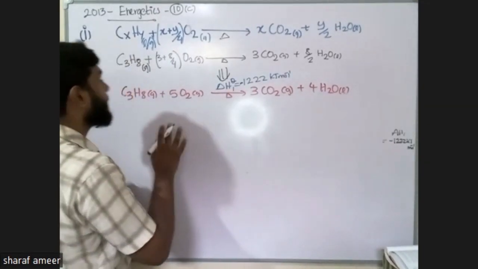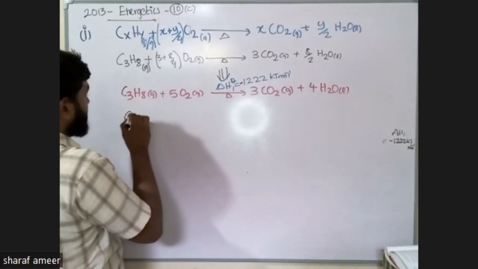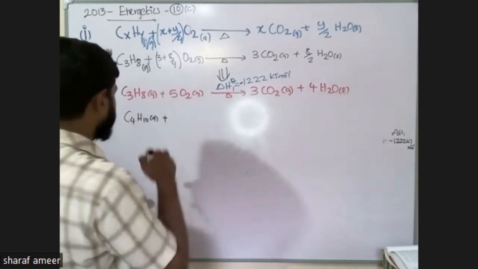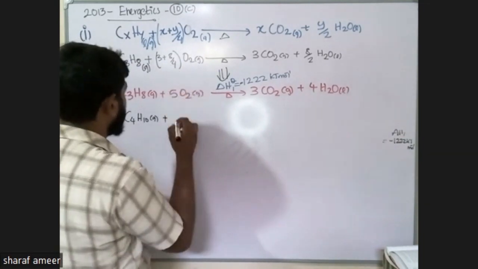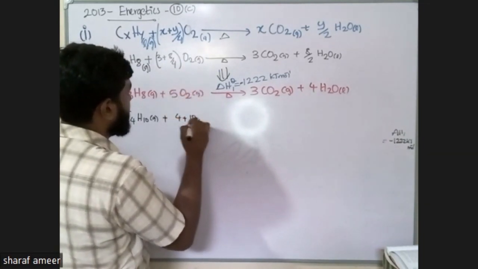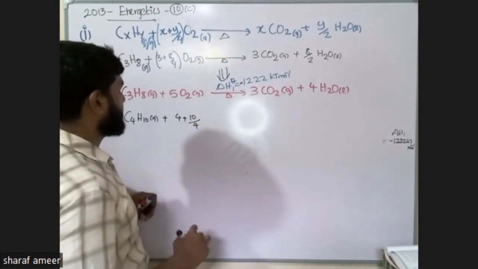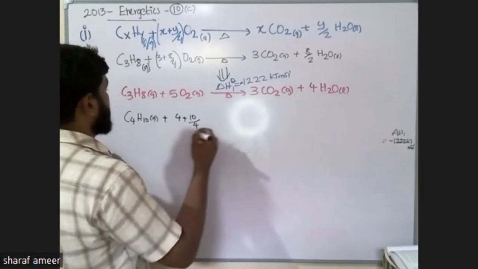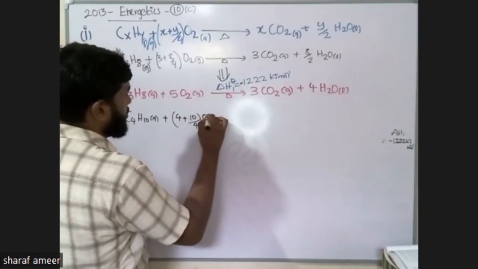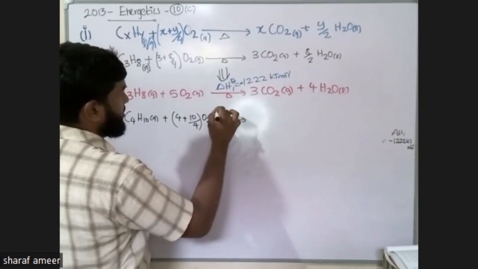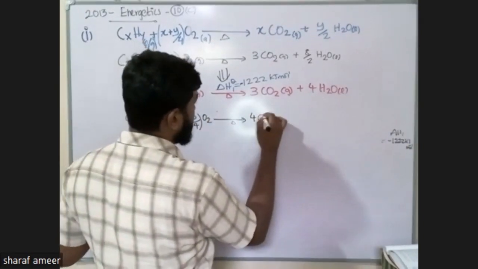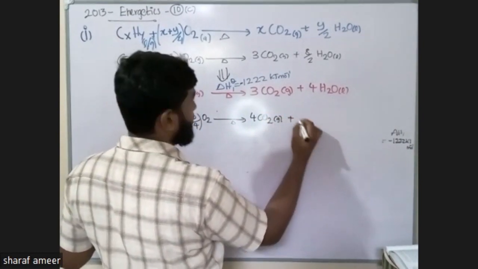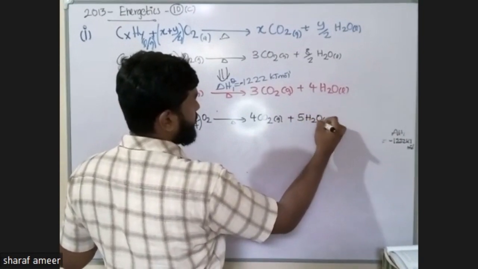Okay, now see. Now butane means C4H10 plus 4 plus 10 by 4 O2 under combustion gives 4 moles of CO2 gas and 5 moles of H2O.